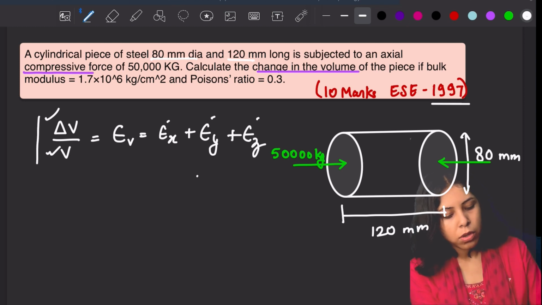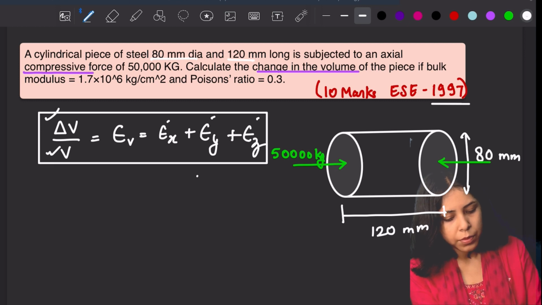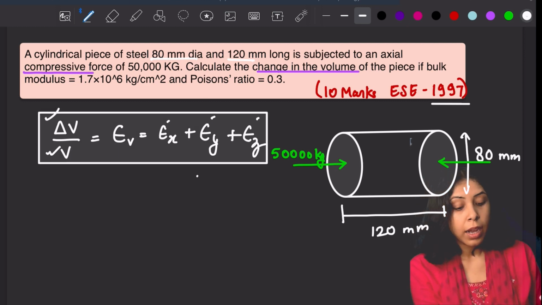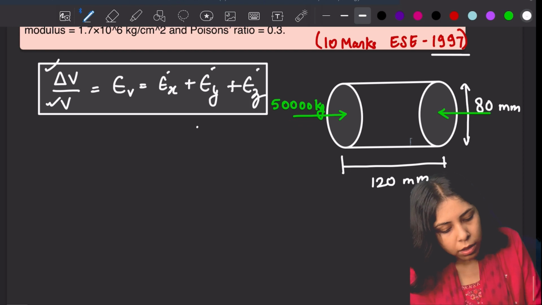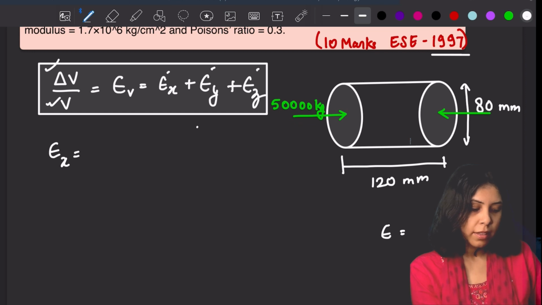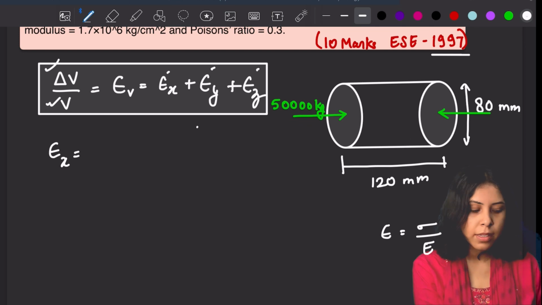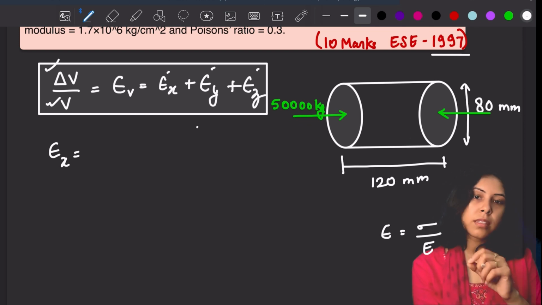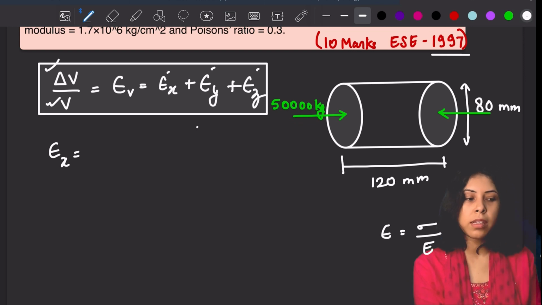This is a formula, and also a concept that we should know. Now, what is epsilon x? Epsilon is strain, right? Strain is nothing but stress upon modulus of elasticity. This concept works if there is single axis strain.